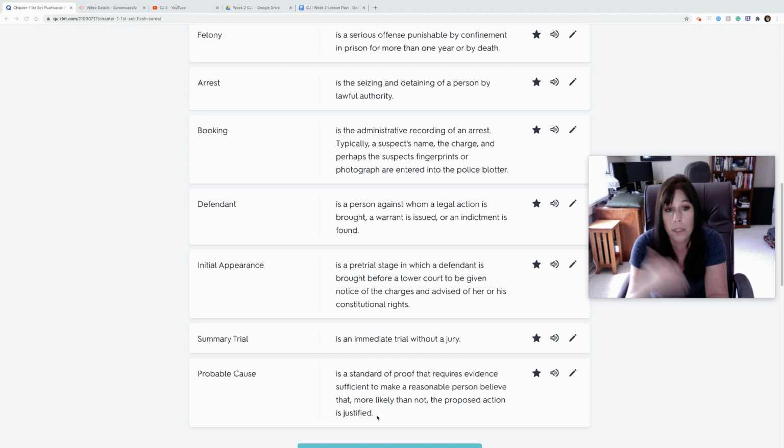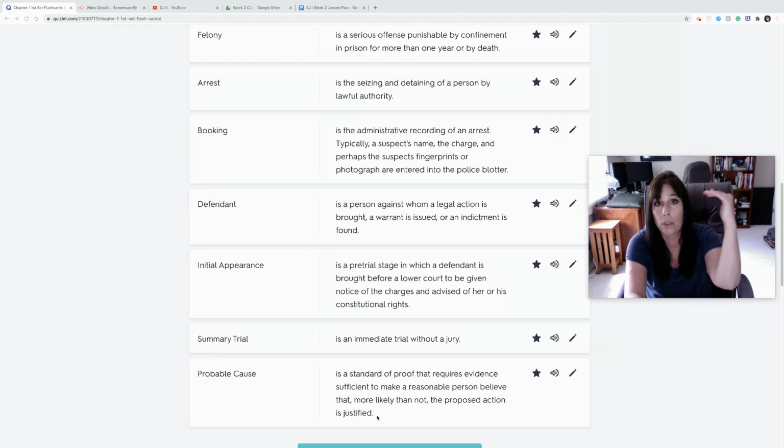And just quickly, a couple lower levels of proof that we're going to talk about are reasonable suspicion and a hunch, but those are lower than probable cause, and those are not enough. You have to get all the way up to probable cause to make your arrest or your search legal.